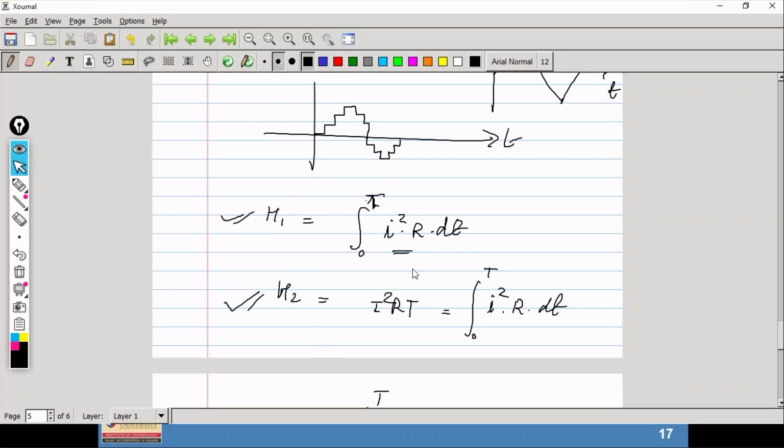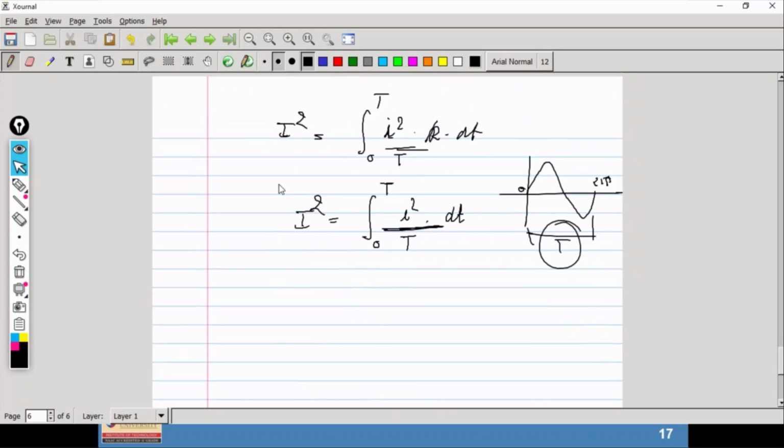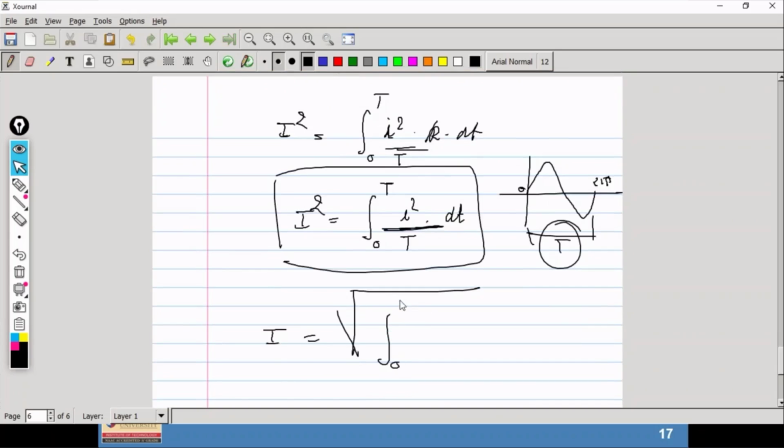We can equate them according to the equation of the RMS value, and find the equation in general form. Also we can write I is equal to the square root of the integral from 0 to T of I square dt by T, by replacing the value of the time period here.